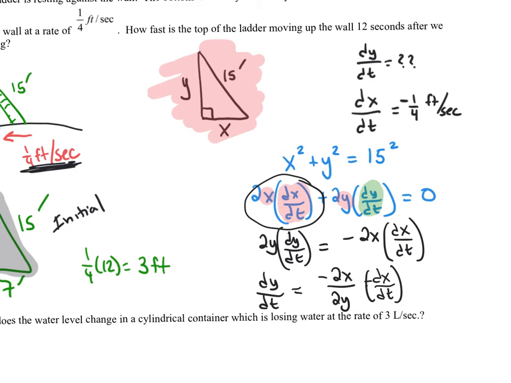So I'm really just solving for dy/dt. Now I have all the values in it. I have x, I have y, I have dx/dt. So I'm really just going to start plugging things in.